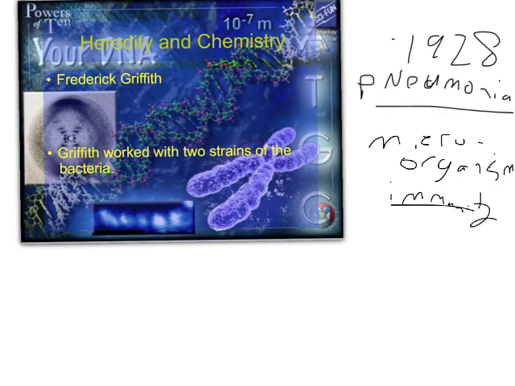What Griffith did is he worked with 2 strains of the bacteria. The first type was the smooth type, and that smooth strain had a protective protein coat, and it caused the disease.